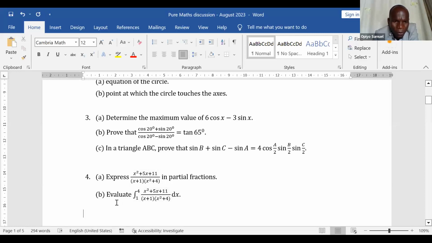And then later we evaluate this partial fraction from 1 to 4. We want to integrate from 1 to 4 with respect to x. So these are the 2 questions which we are supposed to discuss. I hope you have taken notes so that I can go back to our slides.